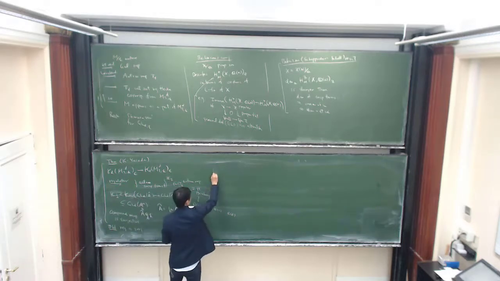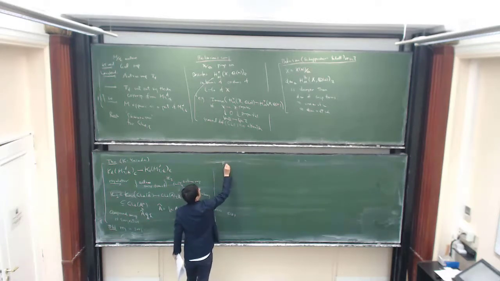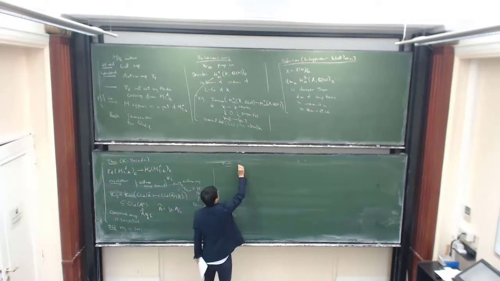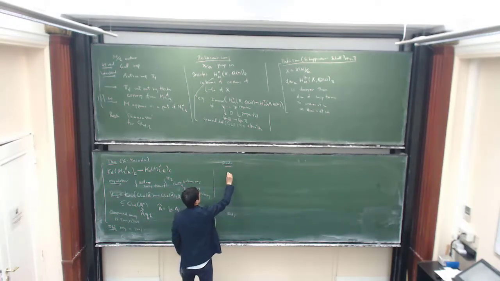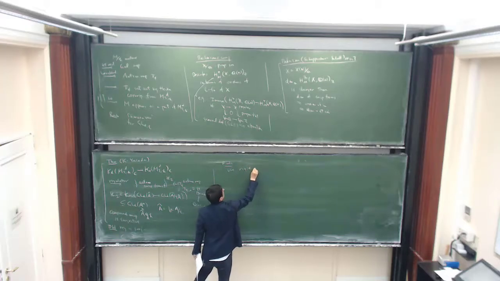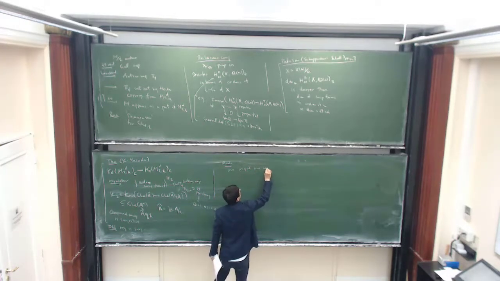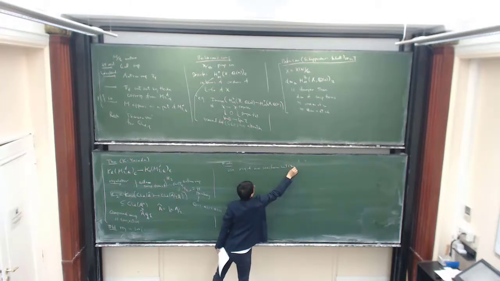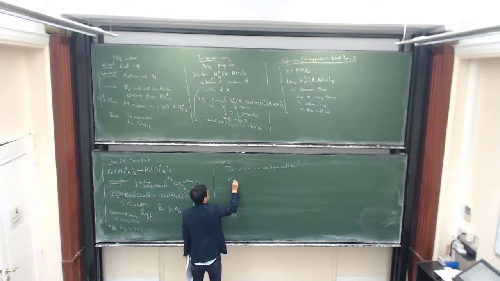I will remark on what the regulator map here is. We use the uniformization, using rigid analytic geometry, of the modular variety.